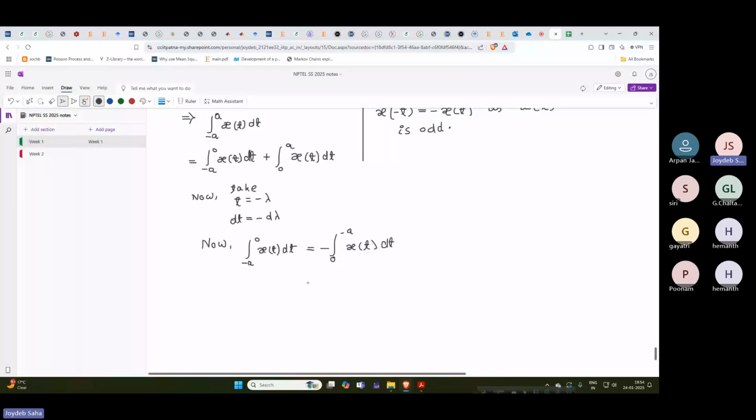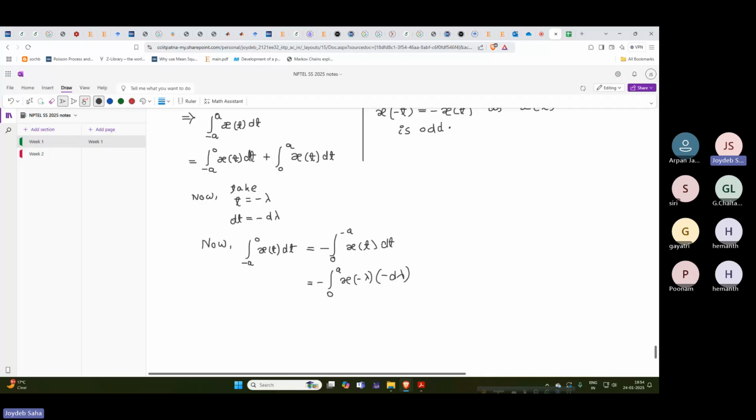We will simply get minus the integral from 0 to a of x of minus lambda into minus d lambda. Is this step clear to everyone?